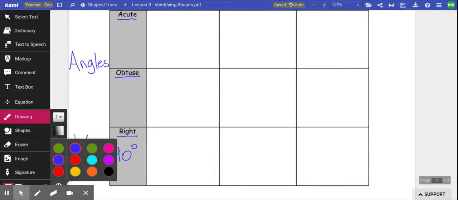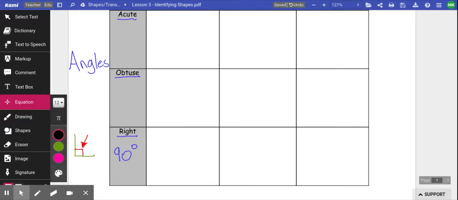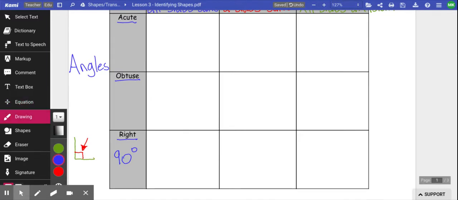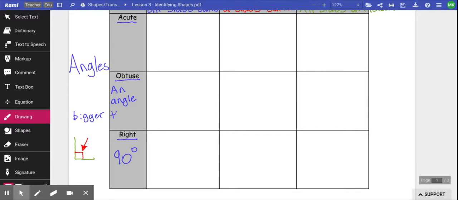Obtuse means you have an angle, sorry, it's not letting me write. You have an angle bigger than 90 degrees.